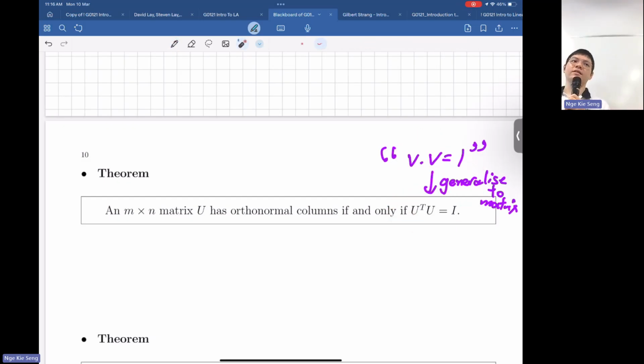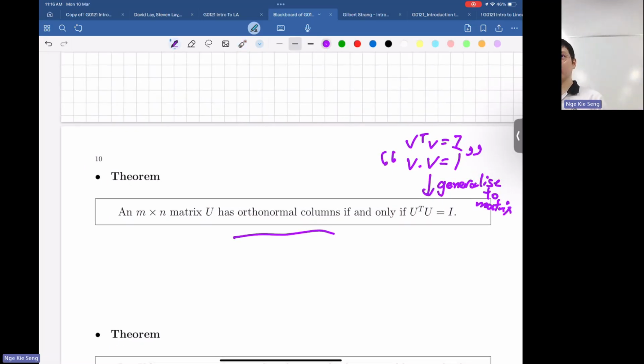V dot v equals 1 just says that the vector has length 1. But if you generalize it to a matrix, it will say that your matrix has orthonormal columns. Does it make sense? Because 1 is the identity in number multiplication, and the identity matrix is the identity in matrix multiplication. So it's like a generalization.